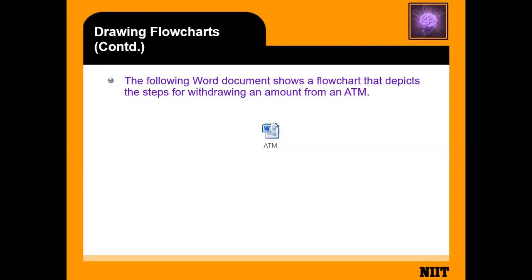Now see this particular diagram or flowchart. If I want to withdraw an amount from an ATM machine, then this is the flowchart. Start, insert your ATM card. This is the input. Then the process is happening.